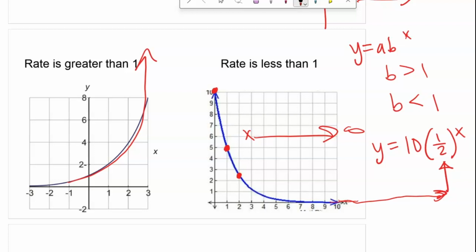Because if you keep cutting something in half, in half, in half, it is getting smaller and smaller, and it's getting closer and closer to 0, but it's never going to actually equal 0. You're going to get to like 0.00000000001 or whatever. You're just cutting it in half over and over. So it's getting really, really close to 0, but it's not actually going to equal 0. So as x is approaching infinity, y is approaching 0.